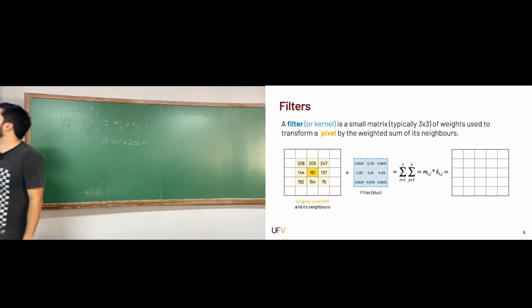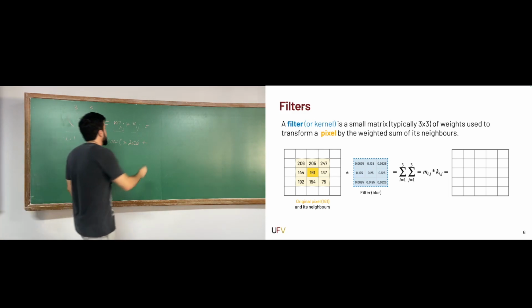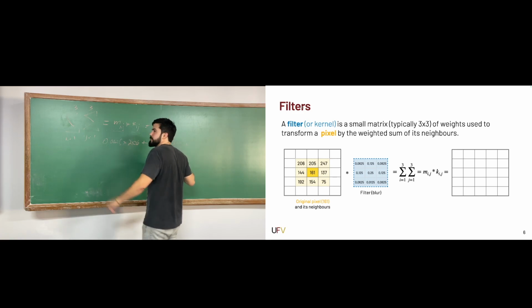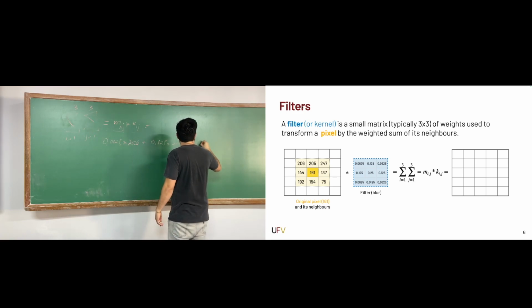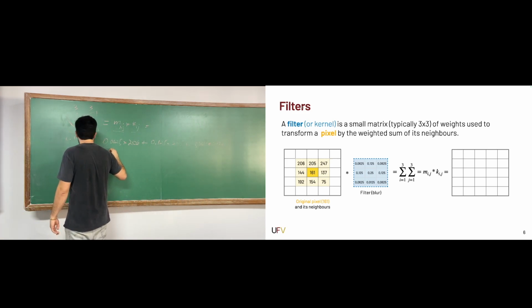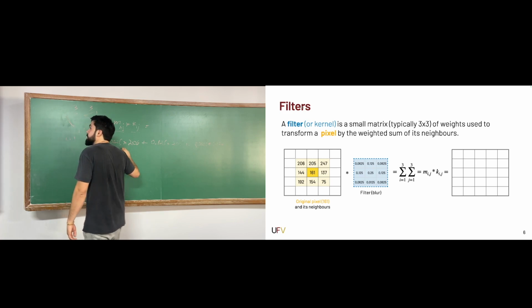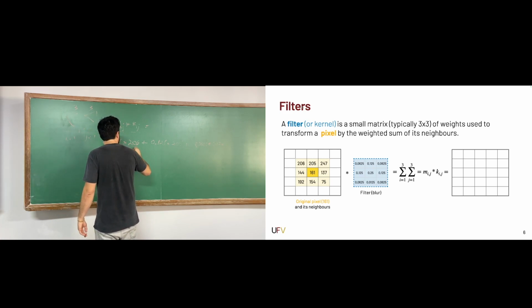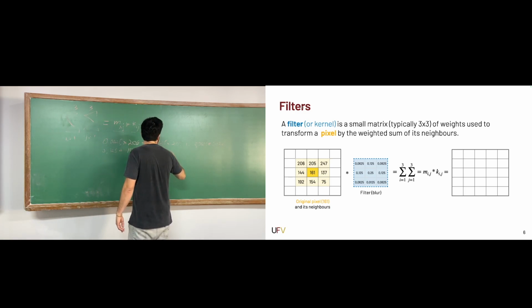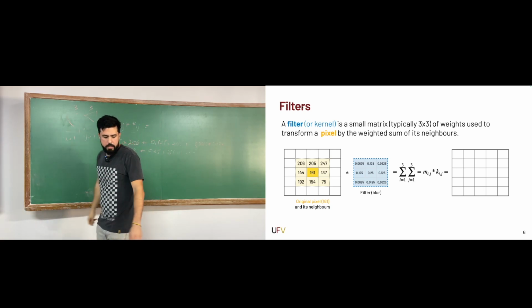Plus 0.125 times 205, plus 0.0625 times 247, plus, you got the idea, right? 0.125 times 144. Just to complete till the center, 0.25 times 161, and so on.